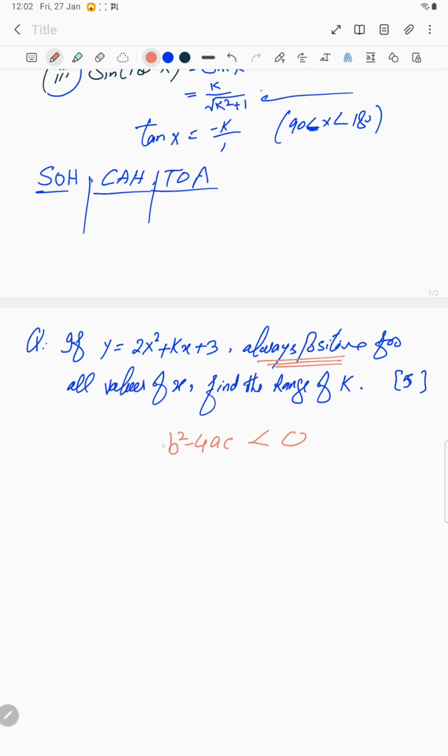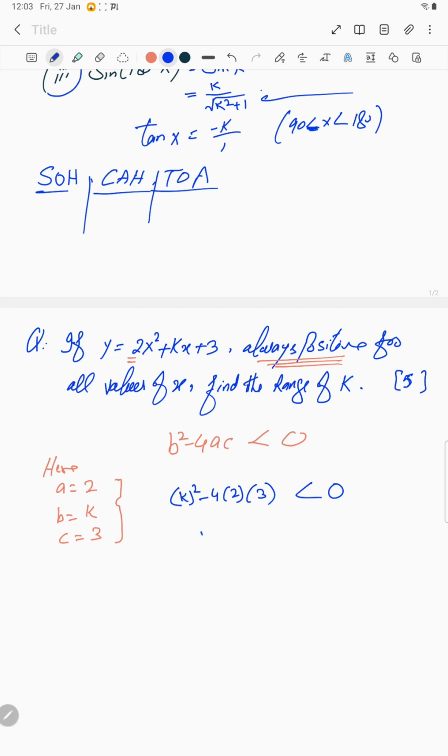So from here, a was given 2, b is k and c is 3. Replace these values. Here we get k square minus 4 times a times c less than 0.